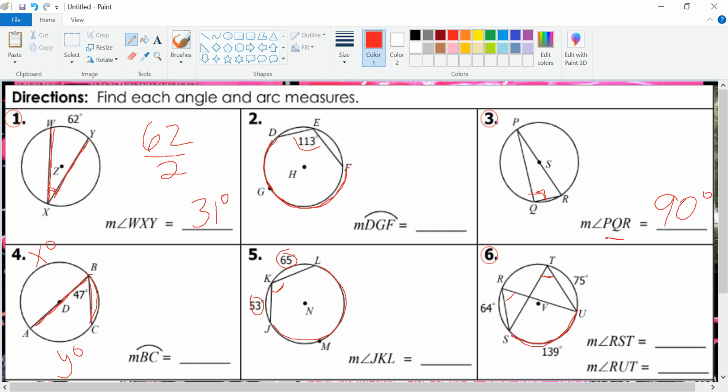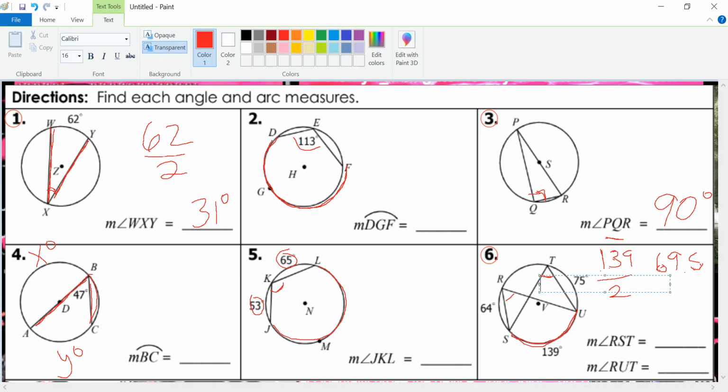So then 139 divided by 2, I don't know what that is, to be honest. 69.5. Yes, 69.5 is each of these angles. I'm actually going to type that one out.